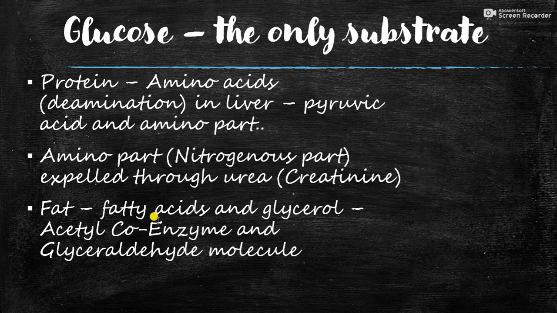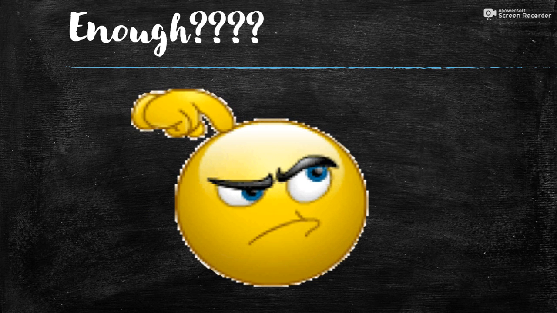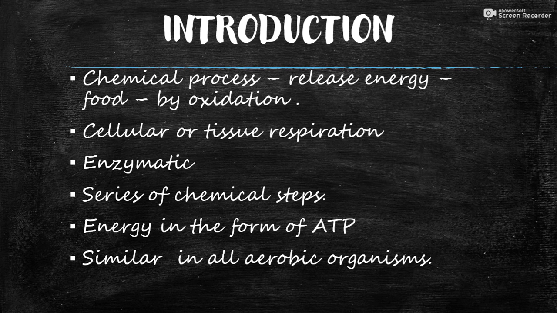Got it clear? Is it enough? So in today's class, what are the things I taught you? First, you need to know what is respiration, and then the 5 different characteristics of respiration.